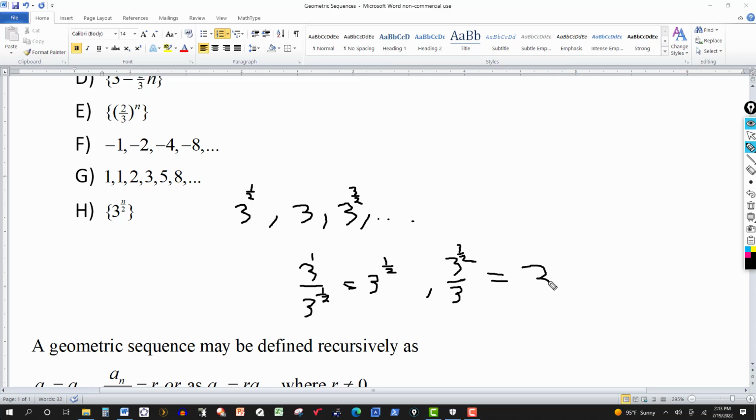Bring down the base, which is 3, and we subtract the exponent, so this will be 3/2 minus 1, multiplied by 2 here, by 2, so 3/2 minus 2 over 2 will give me 3 to the 1/2. So I did get the same thing back. So this one is geometric, and the common ratio is 3 to the 1/2.